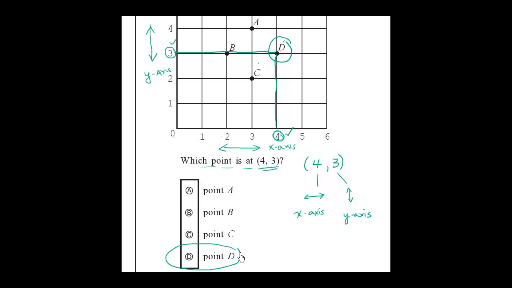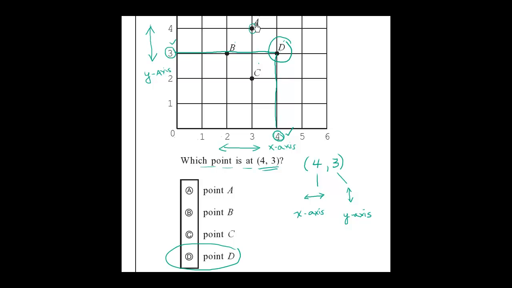But while we're here, just to review some of this, this idea of each point having 2 numbers that correspond with this location on the grid, let's look at point A and see what numbers locate point A. Point A is here. Let me change colors.